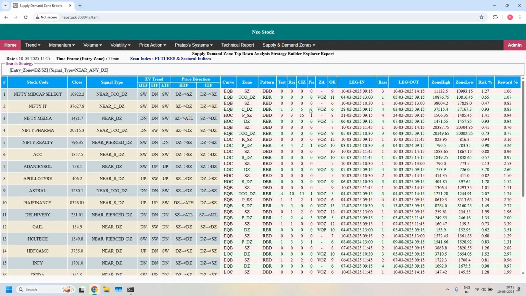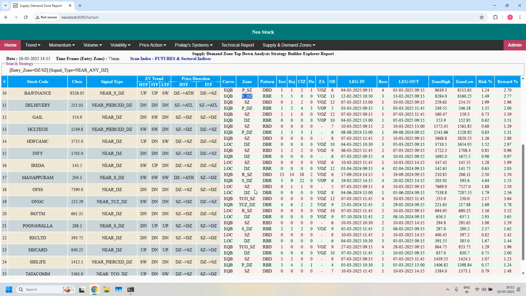NIFTY IT PR's zone, but anyway you can't use it for F and O. ACC is having a 75 minutes high liquidity demand zone. Apollo Tires is having a 75 minutes high liquidity demand zone. Bajaj Finance is having a 75 minutes high liquidity demand zone.